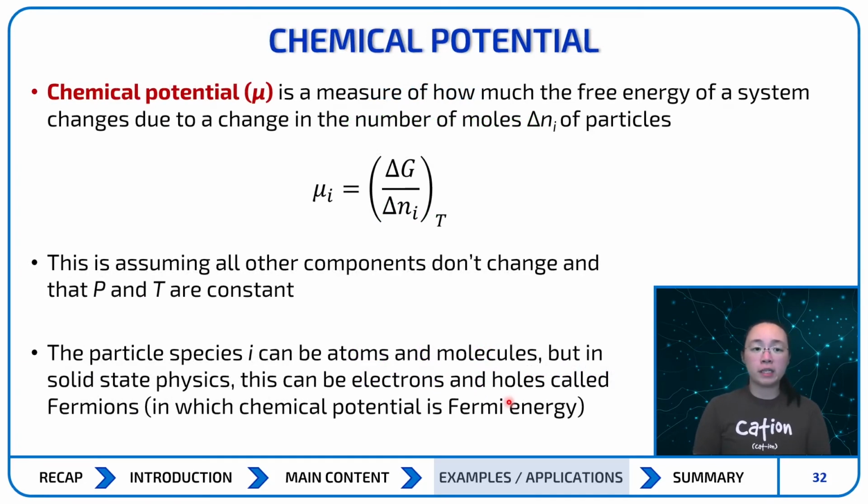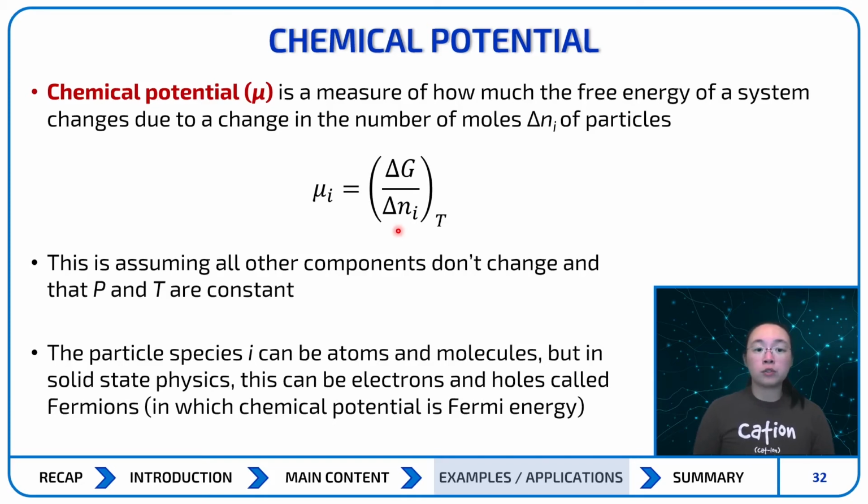Now, chemical potential mu, over here, it's a measure of how much of the system's free energy changes because of a change in the number of moles of particles. So therefore you have delta G over delta N. We have a change in free energy over a change in the number of molecules, so that would be a chemical potential.